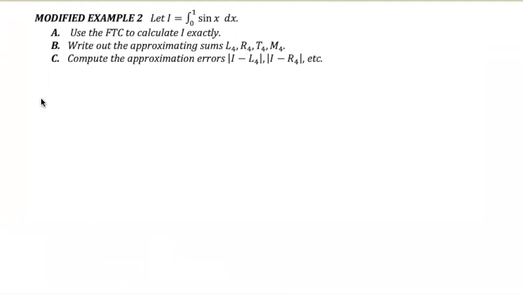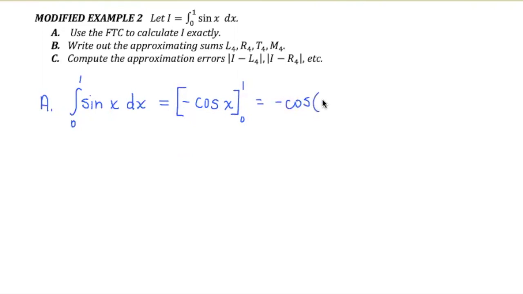All right, so for part A, to calculate this integral, I can use the fundamental theorem of calculus, which says the antiderivative is negative cosine of x evaluated from 0 to 1, which equals negative cosine of 1 minus negative cosine of 0.